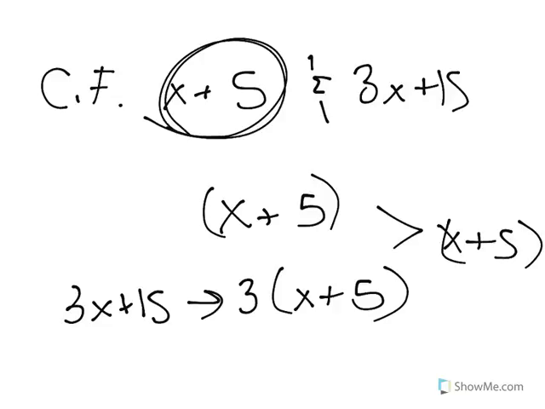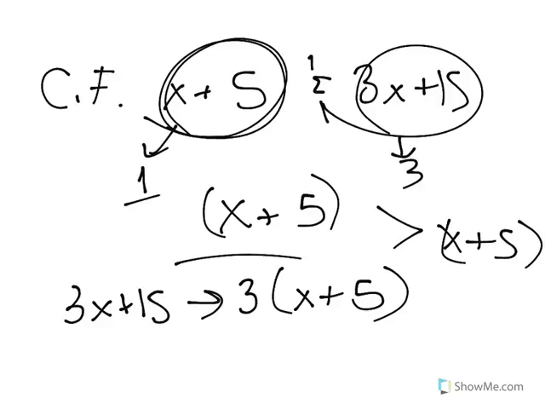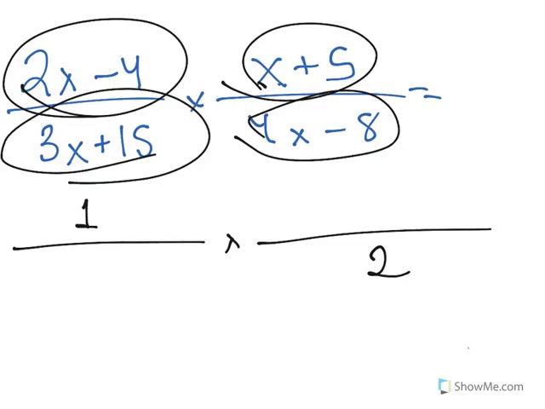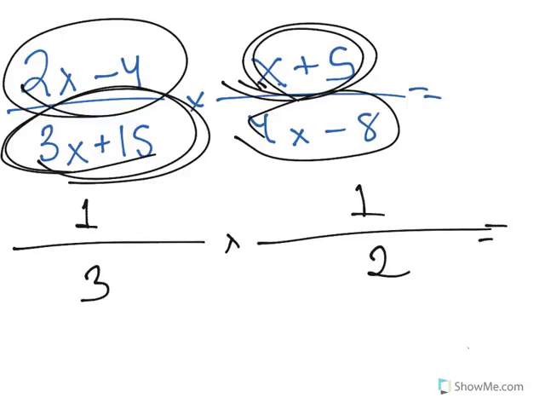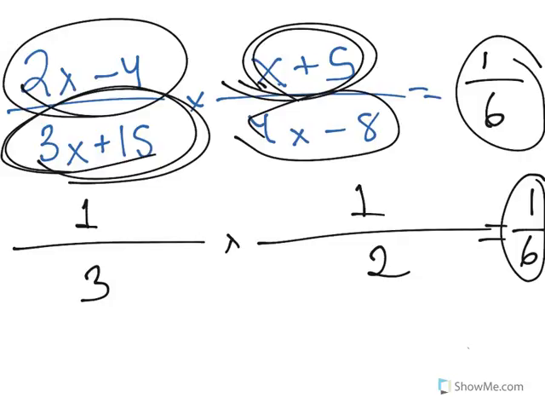So we can replace x plus 5 just by 1 and 3x plus 15 just by 3, because eventually you would just cancel them out when you divide them. So right here we substitute 3x plus 15 by a 3 and x plus 5 by a 1. And we get that this is equal to 1/6, which is much simpler than what we had before.